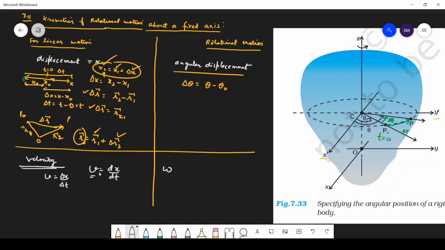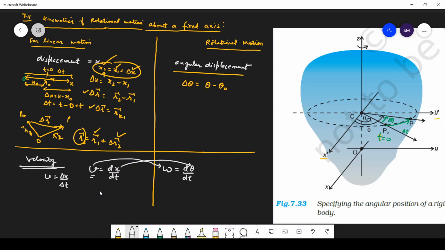Instead of v, we are changing v to omega, and omega equals d theta by dt. So replacing x with theta. There was a change in position, here there is a change in angular position.